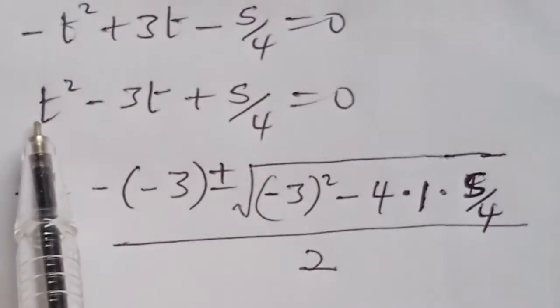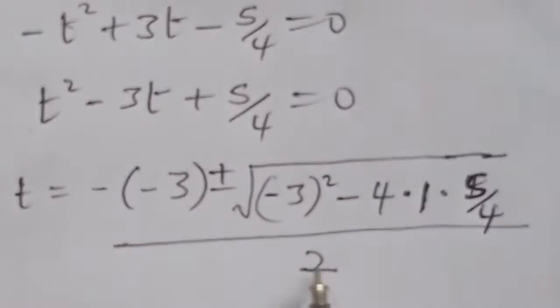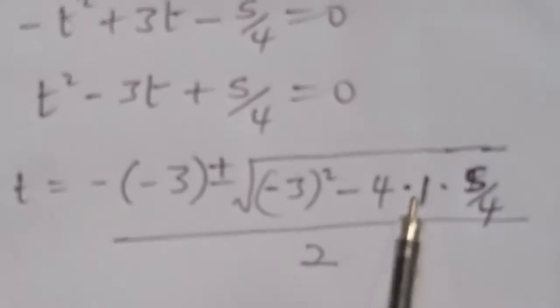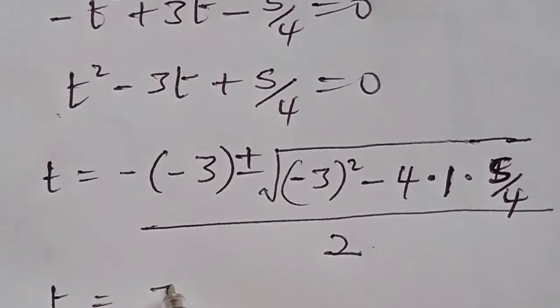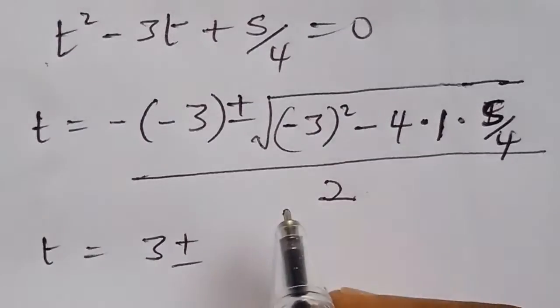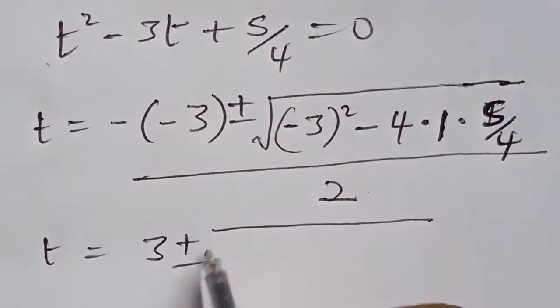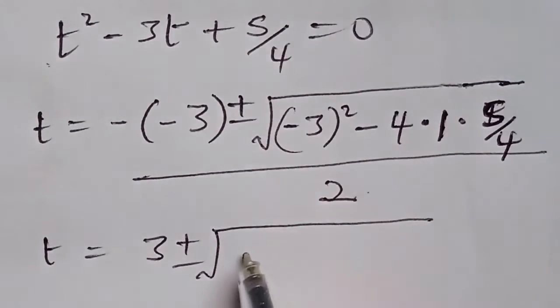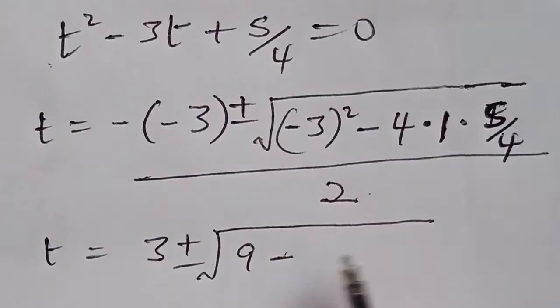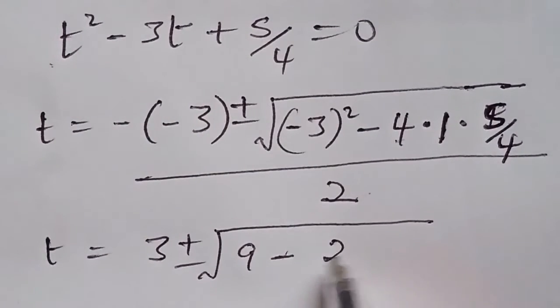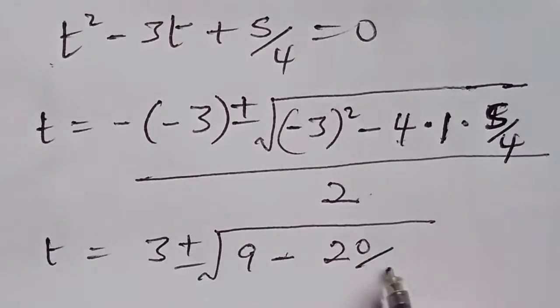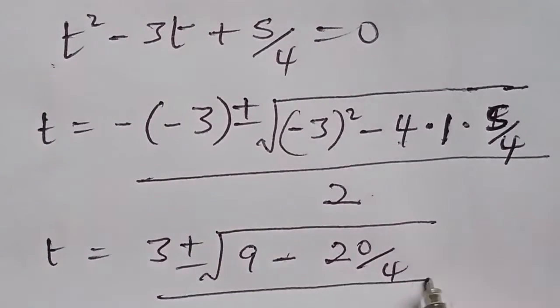Okay, the coefficient of a is 1, so multiplying by this will give us 2. So now we have t equal to 3 plus or minus square root of, this gives us 9, minus this multiplied by this, we have 20 over 4, everything over 2.